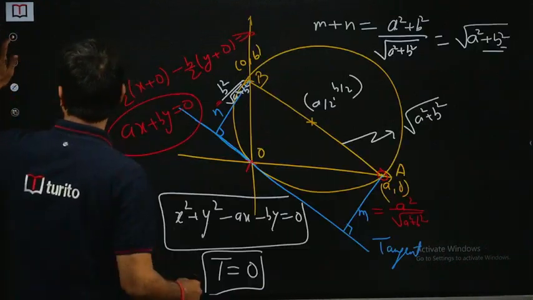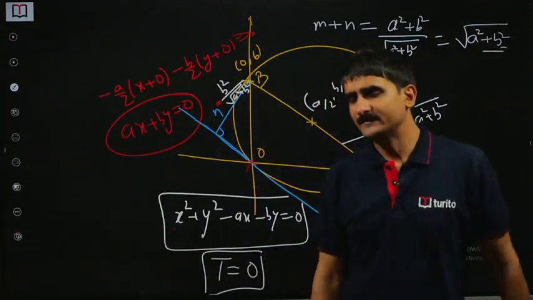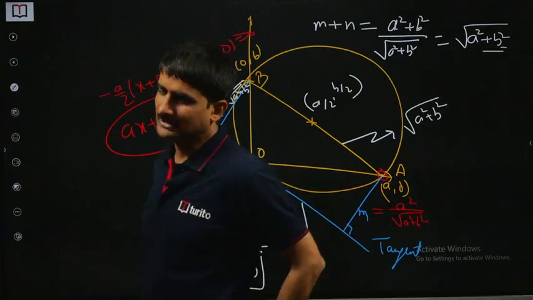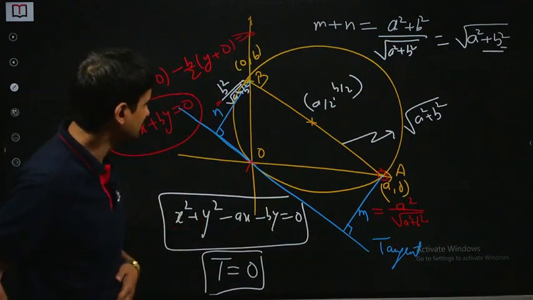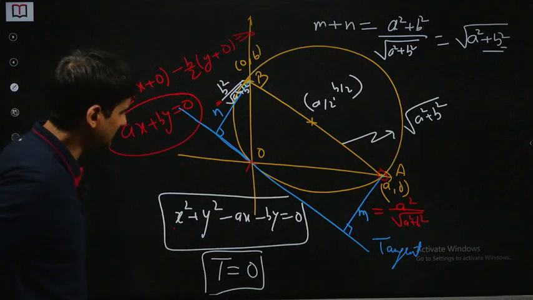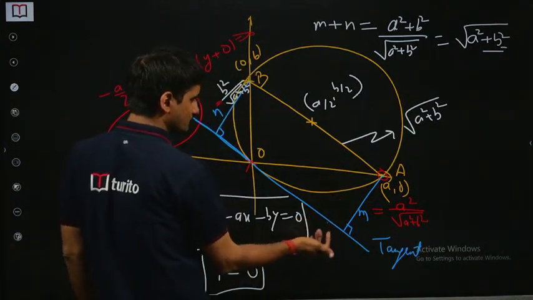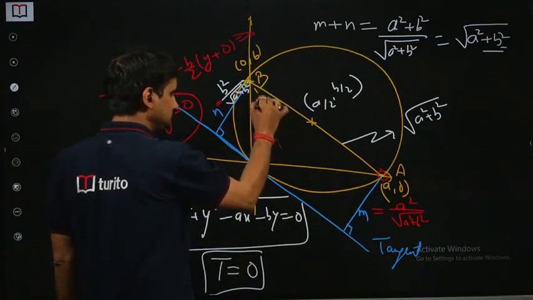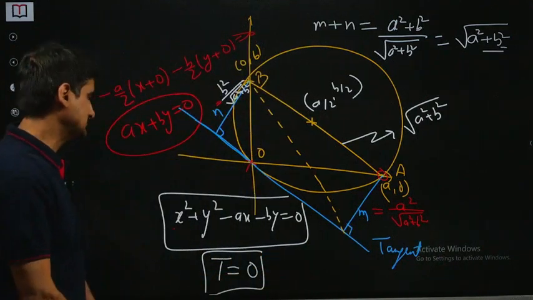Okay, now let's explore the other option. Why? Because a few of you may say that using capital T might not be in the syllabus, so how to do it without it? We can use some projection type of thing also, no? See, that's a trapezium.